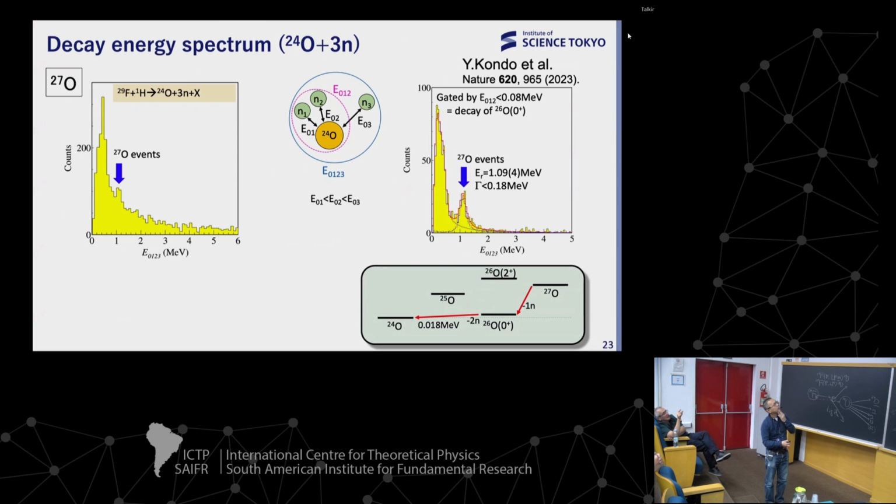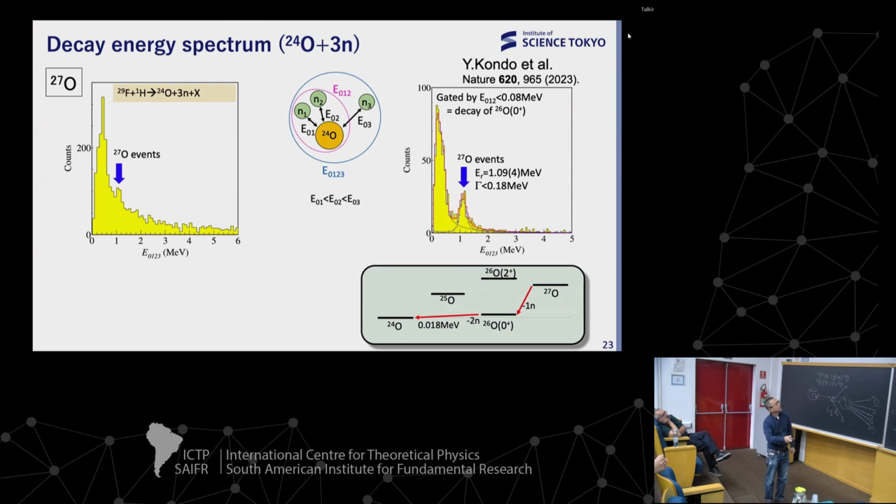Then you say that you characterize oxygen 26 with E02, E01, with E01 smaller than E03. Why? So what I said is that the energy is shared by these 3 neutrons, right?